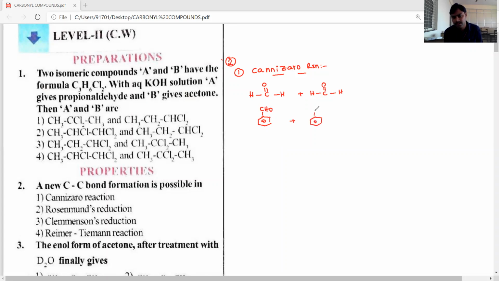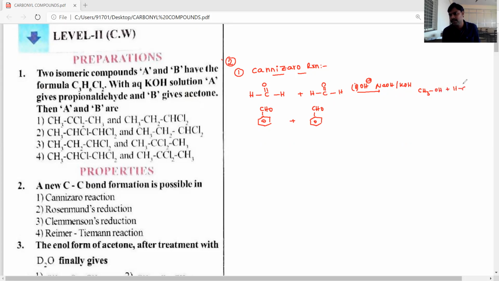So aldehydes without alpha hydrogens treated with base, either NaOH or KOH, produce one aldehyde group converted by oxidation, and another aldehyde group undergoes reduction to produce alcohol and carboxylic acid.